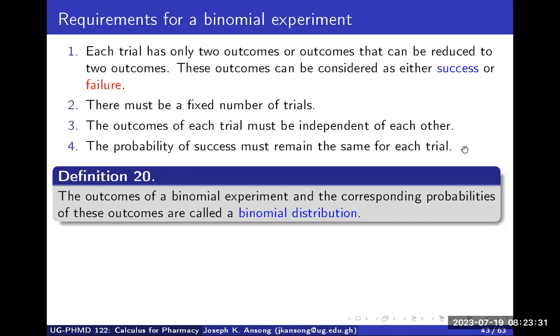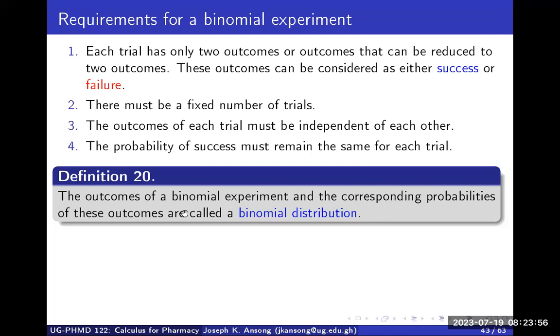For example, if you toss a coin, the probability of getting a head in the first trial must be the same, 1/2, in each case. So once these 4 requirements are satisfied, you can apply the binomial distribution.